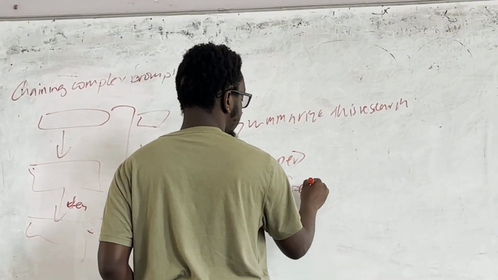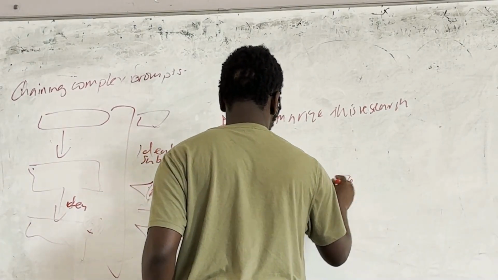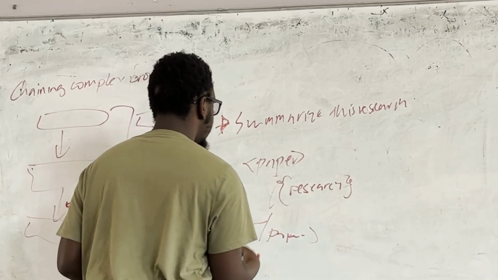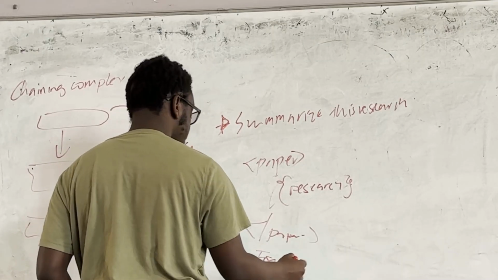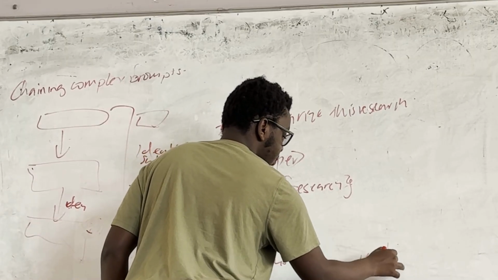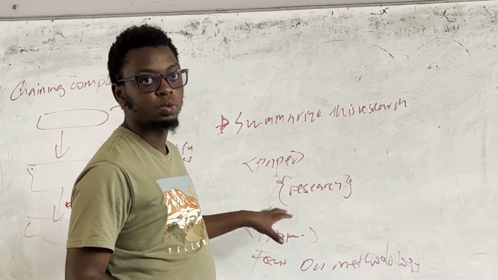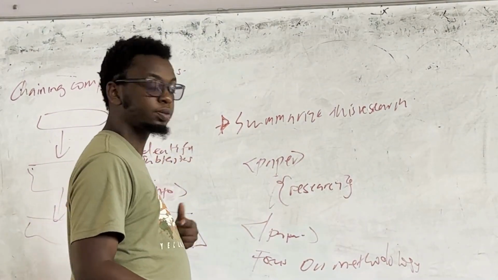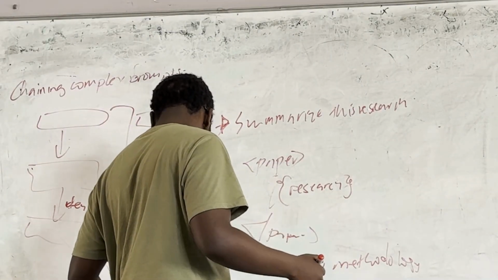You attach the paper to the AI, then you tell it what to focus on. For example, you might focus on the methodology or the findings in the paper. That's what you input into the AI, and the AI would give you some sort of output.